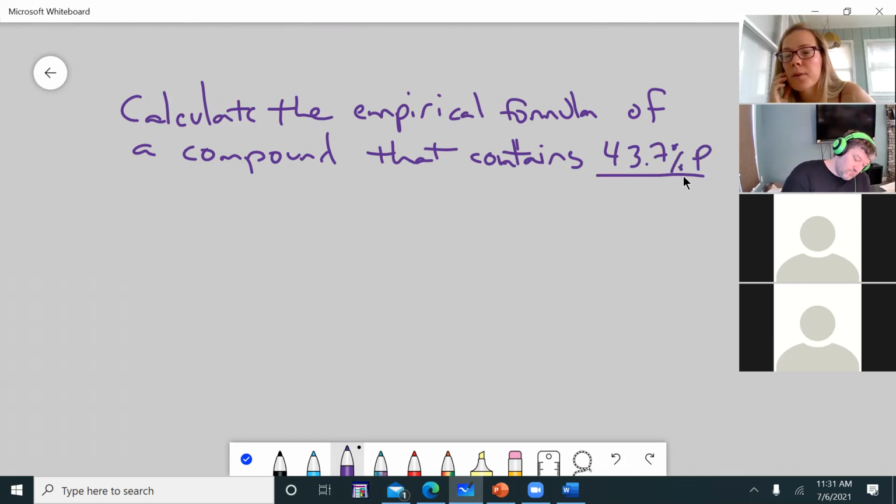Yeah, that's the important part. 43.7% phosphorus, and the remaining 56.3% is oxygen by mass.